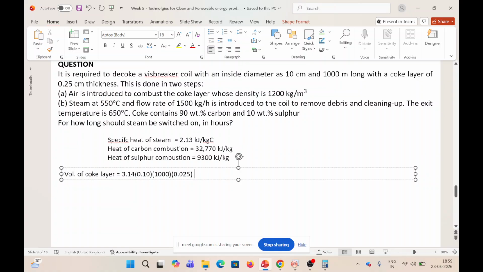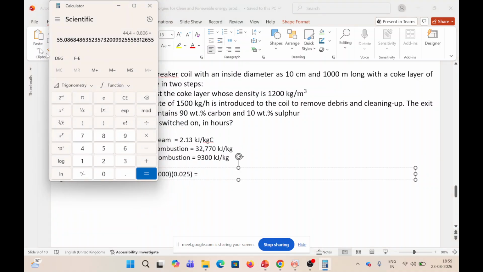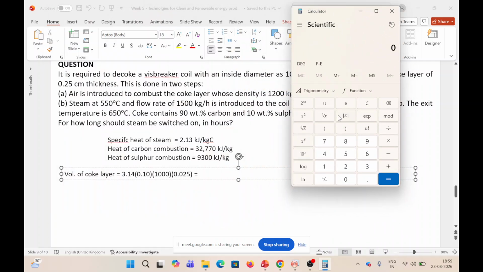Yeah. So now this value is 3.14 times 0.10 times 1000 times 0.025, 7.85 meter cube.